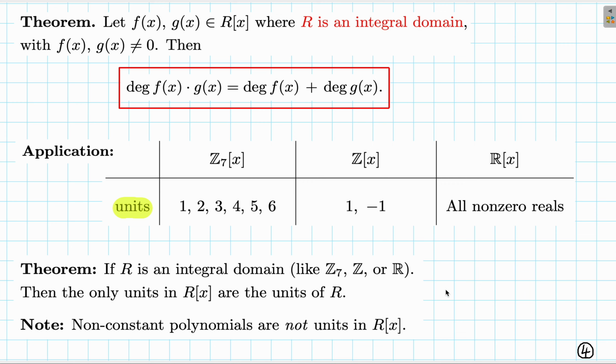If R is an integral domain, such as Z7, Z, or the reals R, then the only units in the polynomial ring R[x] are the units of R, viewed as constant polynomials. In other words, non-constant polynomials cannot be units in R[x].